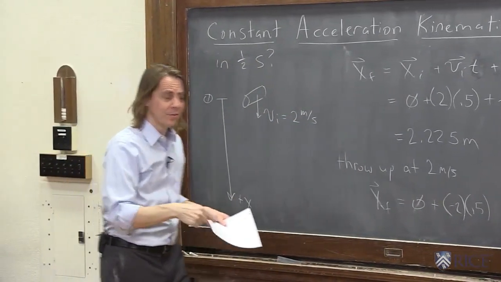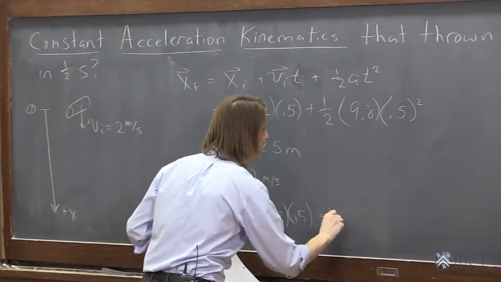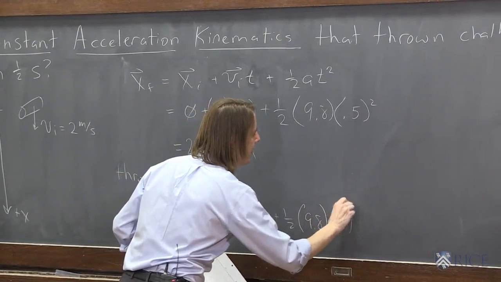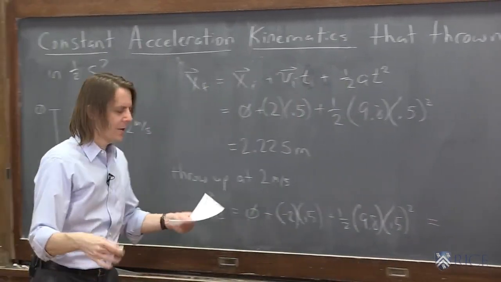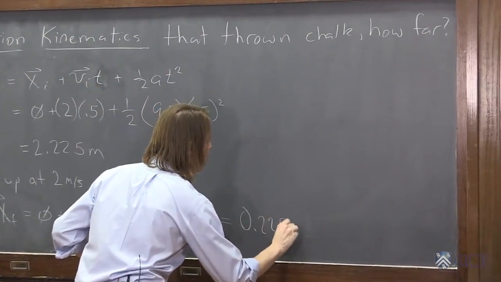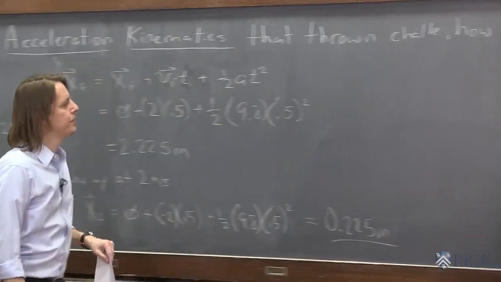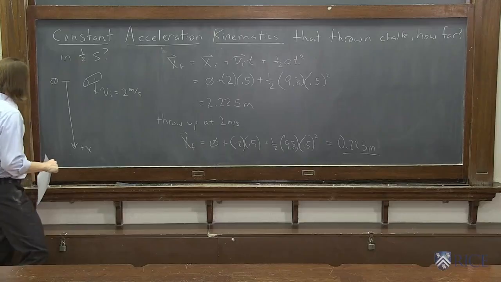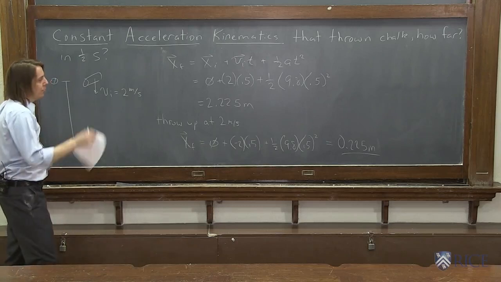Gravity is always down. So plus 1/2 times 9.8 times 0.5 squared. And you put all that together, and I get 0.225 meters. Right, so different because now I threw it the other way.